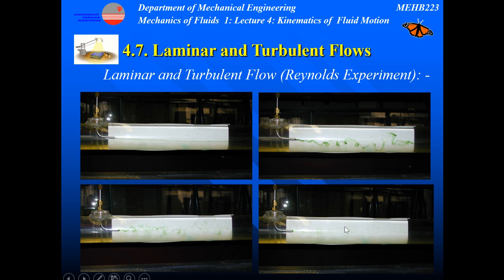And this one is turbulent. But if it's initially laminar, you see a short straight line here, but then you don't have any pattern here, it's dispersed, then most probably this is transition flow. But if you want to confirm, you have to calculate the Reynolds number.